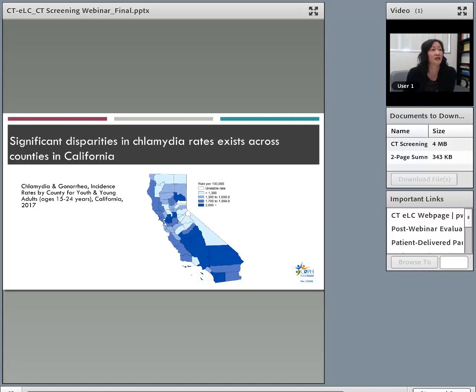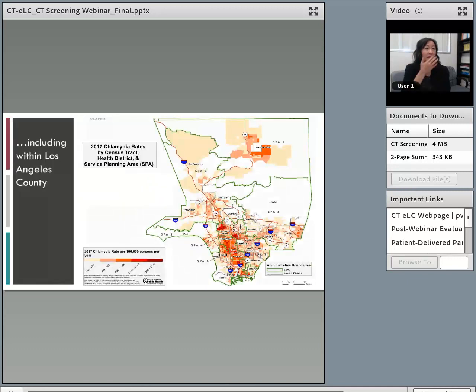So in much of the state, there are very high rates of chlamydia. You'll see that your eLC practice site is highlighted there. Most of you are in a chlamydia hot zone. And for those of you in Los Angeles County, based on your service planning area, you'll know that there are higher rates of chlamydia in the southern and central parts of the county, and the eLC practice sites located in those areas, as well as in other parts of LA County, are highlighted here with the blue stars.